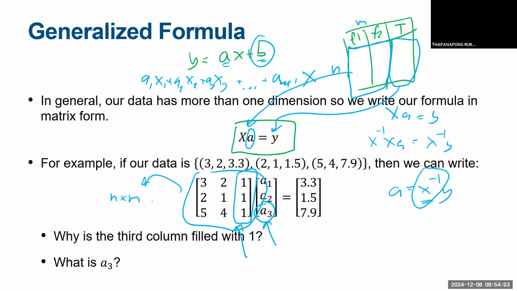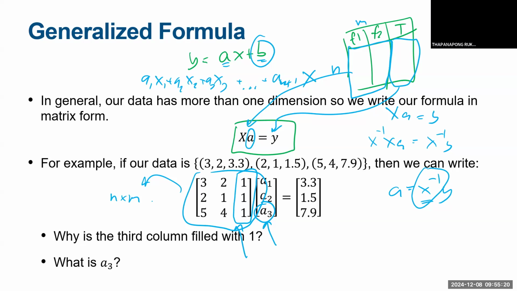And most of the time, you have more data than dimensions. You have 1 million data points, so the matrix is going to be huge. And to compute an inverse for a really large matrix is computationally intensive.